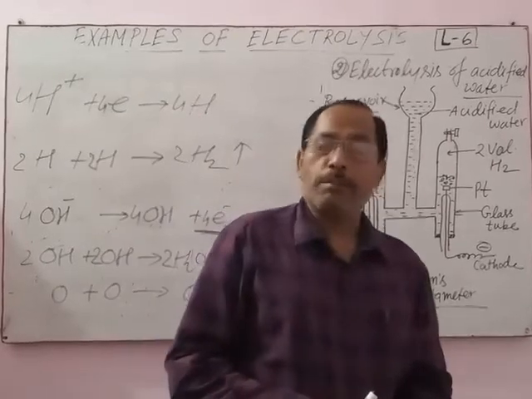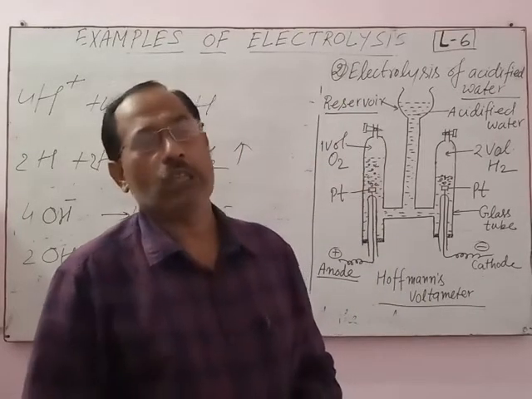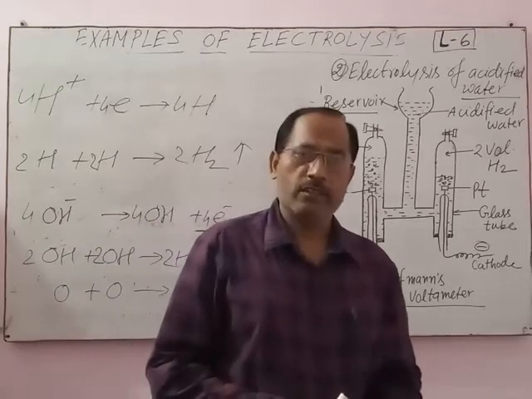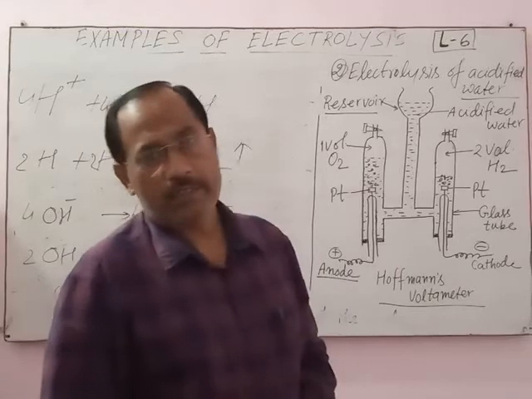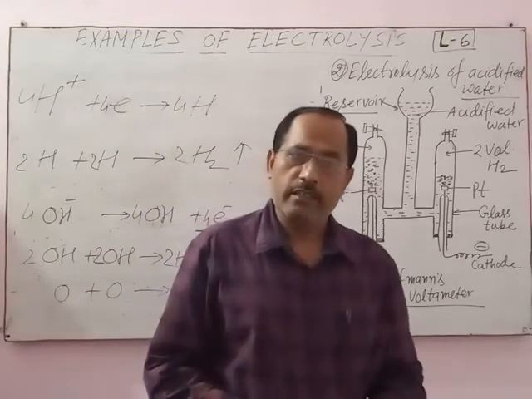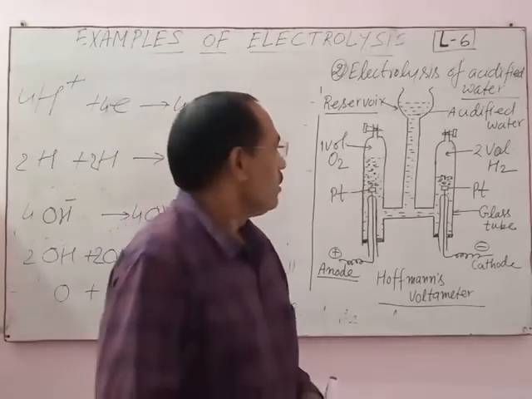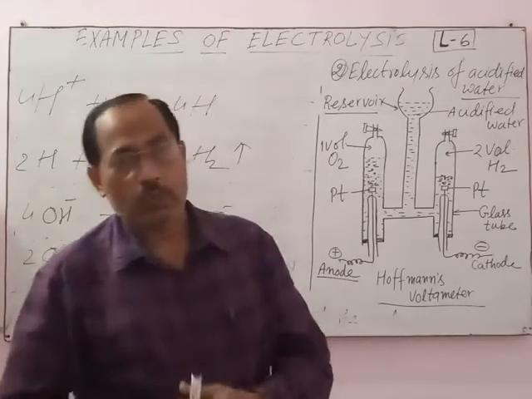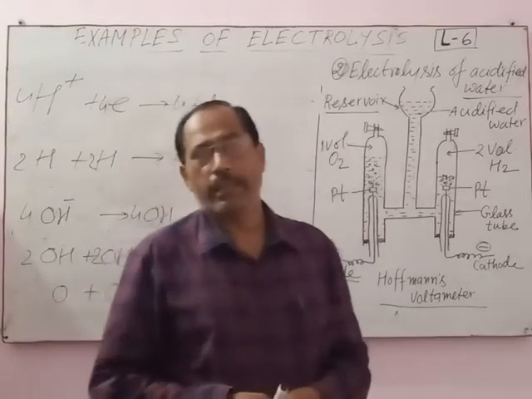Which ions are present in the electrolyte? Three types of ions are present in the electrolyte: H ion, OH ion and sulfate ion. Hydrogen ion, hydroxide ion and sulfate ion are present in the electrolyte. Which ion migrates towards the cathode? Only hydrogen ions migrate towards the cathode.